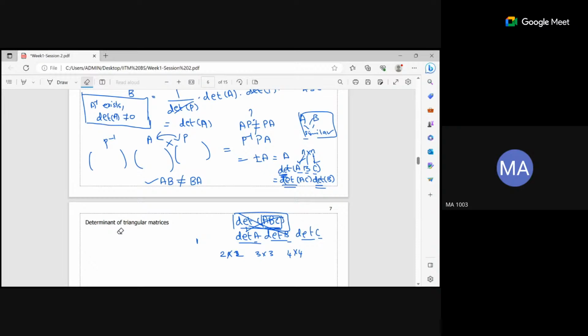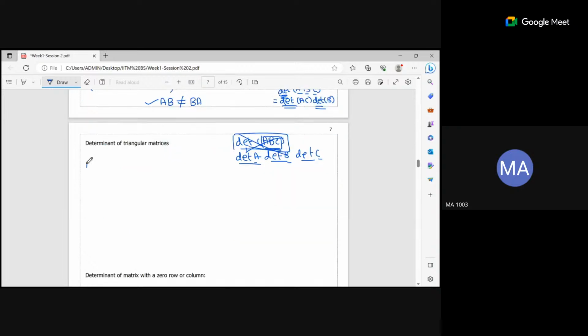Okay, fine. So now let's look at the determinant of triangular matrices. Already we have seen one example like this, so let's look at another example. Let's first consider the simple 2 by 2 case. Is this an upper or lower triangular matrix? Upper triangular.